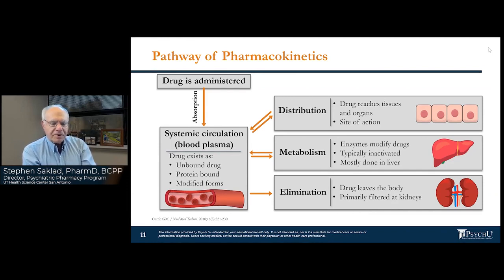And then it'll also be there as its metabolized and modified forms competing with these other binding sites in your central compartment or blood plasma. So this is what circulates around and is then distributed at the top right into other tissues and organs. Now, this includes the site of action of the drug, but it includes a lot of other locations as well. One of these is where you can find the metabolism enzymes, primarily the liver, but they exist in other tissues as well.